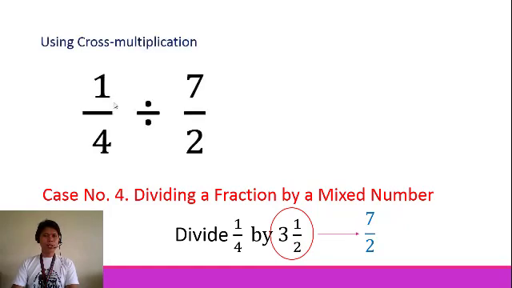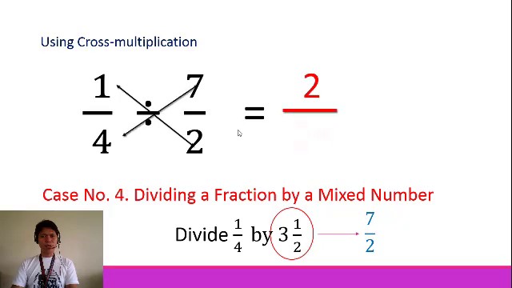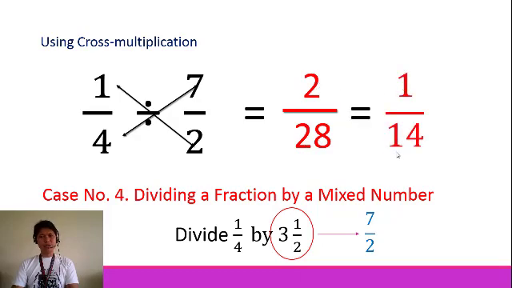And then continue. 1/4 divided by 7 over 2. So just by cross multiplication, 1 times 2 is 2, and then 4 times 7 is equal to 28. Since you can divide them by 2, 2 divided by 2 is equal to 1, and 28 divided by 2 is 14. The answer is 1 over 14.